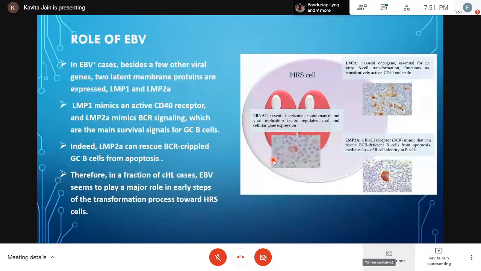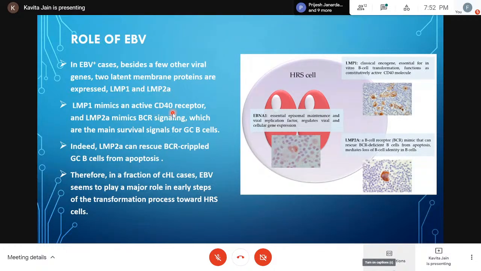Now, very popularly, we see the EBV. We just keep talking of EBV, check EBER, check LMP IHC in these cells. Why? Because what is the role of EBV in these cells? Again, EBV, besides a few other viral genes, expresses two latent membrane proteins, LMP1 and LMP2A.